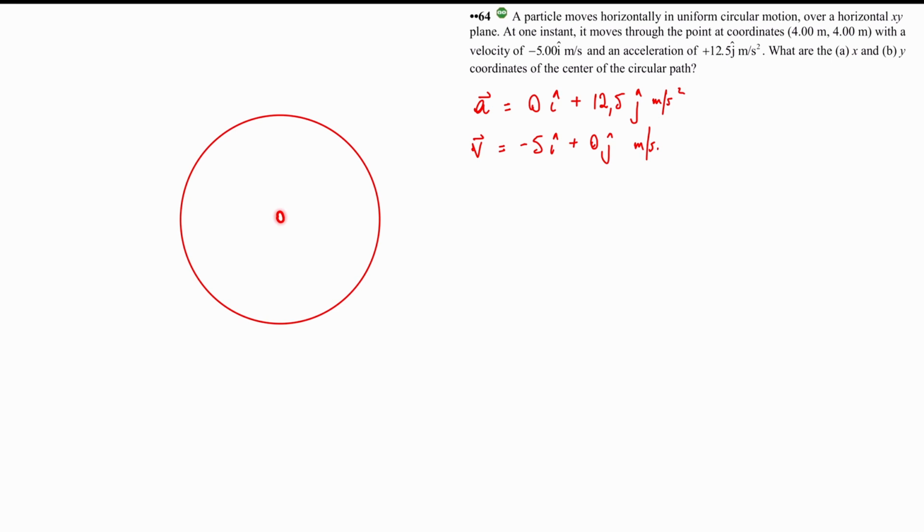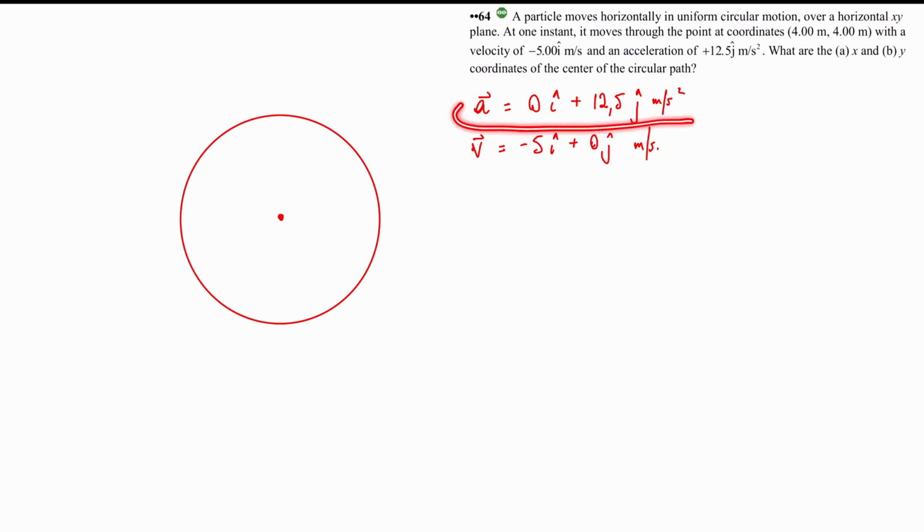Here's the center of our circle, and here's our acceleration vector. The question is, if this acceleration vector has a positive y component, where is the particle located on the circle in order to have an acceleration vector that looks like this and also points toward the center?